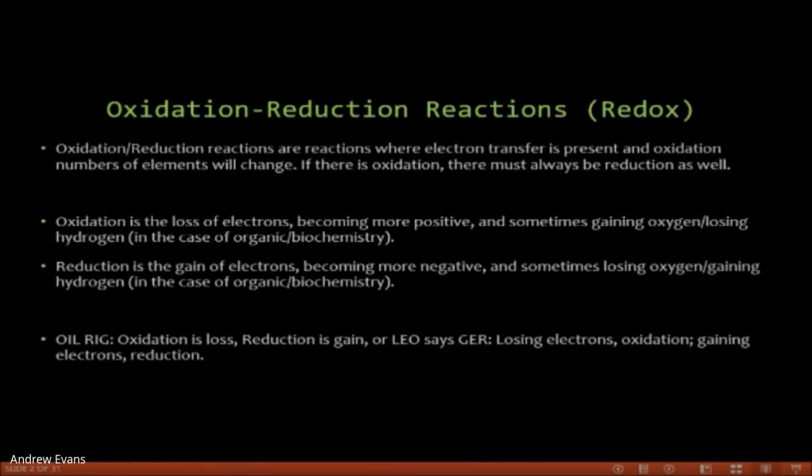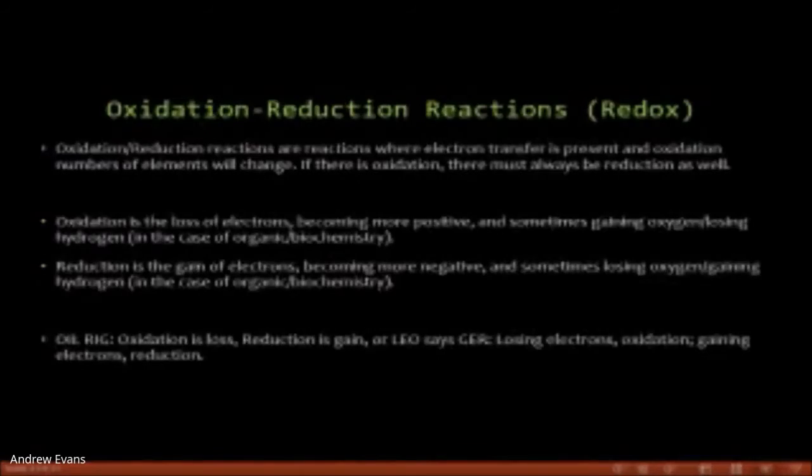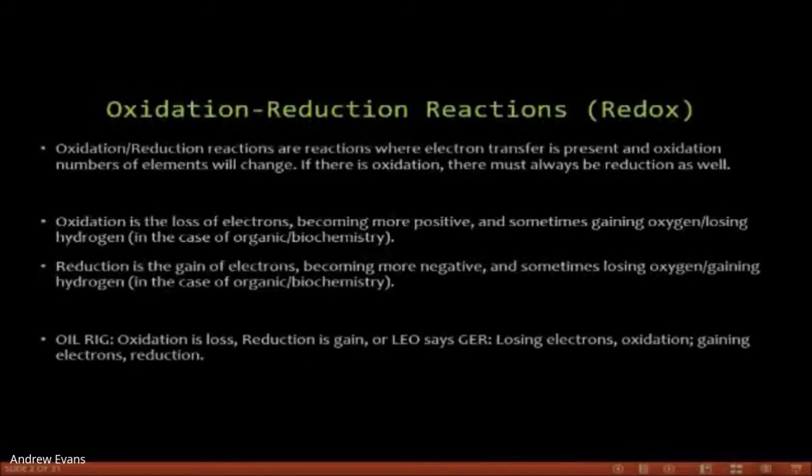Much like in acid-base chemistry, if there was an acid, there must be a base. Otherwise, it's not an acid reaction. Well, in oxidation reduction, if there is an oxidation, there must also be a reduction.